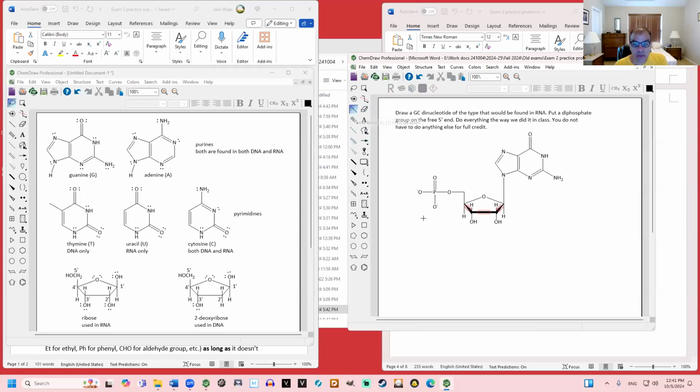Also part of what you will need to know is that the sugar phosphate backbone continues through carbon 3 of the ribose. That's this one over here. We call that the 3' carbon. So you need to know that. You also need to know the structure of a phosphate group.